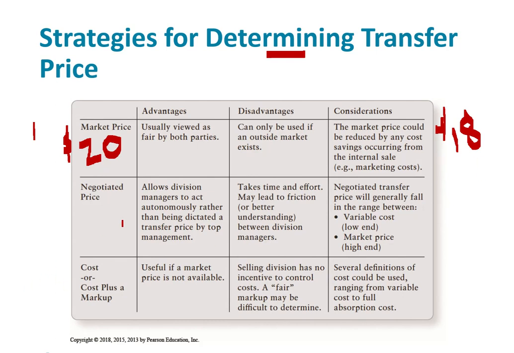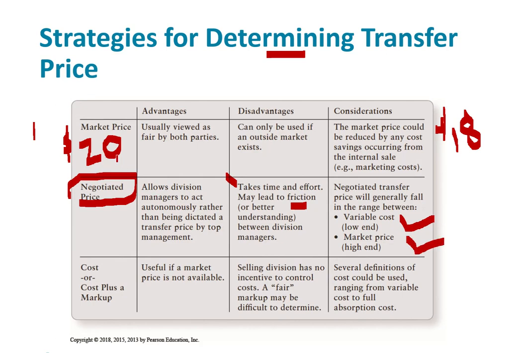So let's use the market price, reduce it by $2 worth of savings, and now we'll make the transfer price $18. Now, typically speaking, I would say the majority of the time you use what's called the negotiated price. This is something that the managers are going to negotiate. It will take some extra time and some extra effort, and it may cause some friction between the division managers, but the price negotiated is typically between the variable cost, which is the lowest of all costs, and the market price.